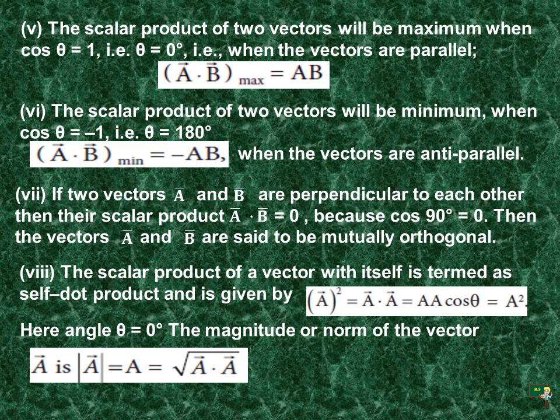Here the angle which we use for the cos is 0 degree, and as you know cos 0 degree is equal to 1. Therefore the magnitude or norm of the vector, modulus of A vector, that means A, is equal to root of A vector into A vector, and if it is A square then you can remove the root and you can put A.